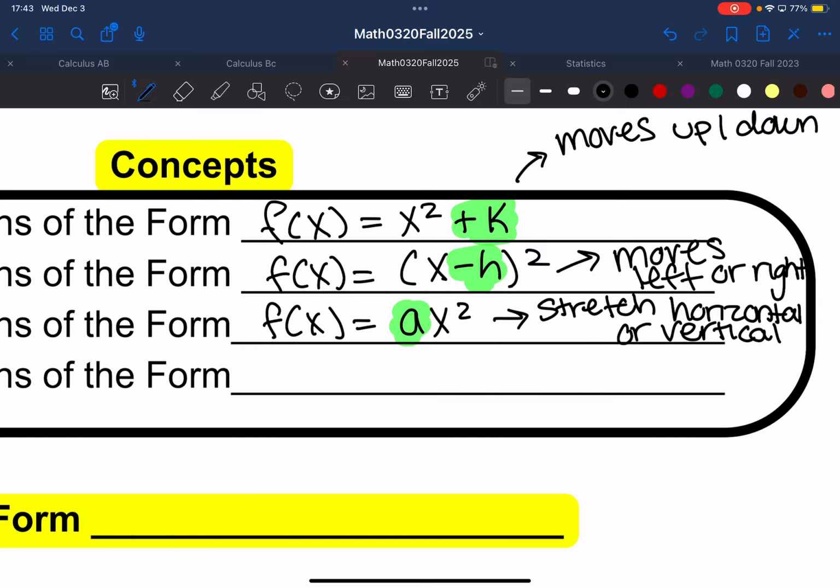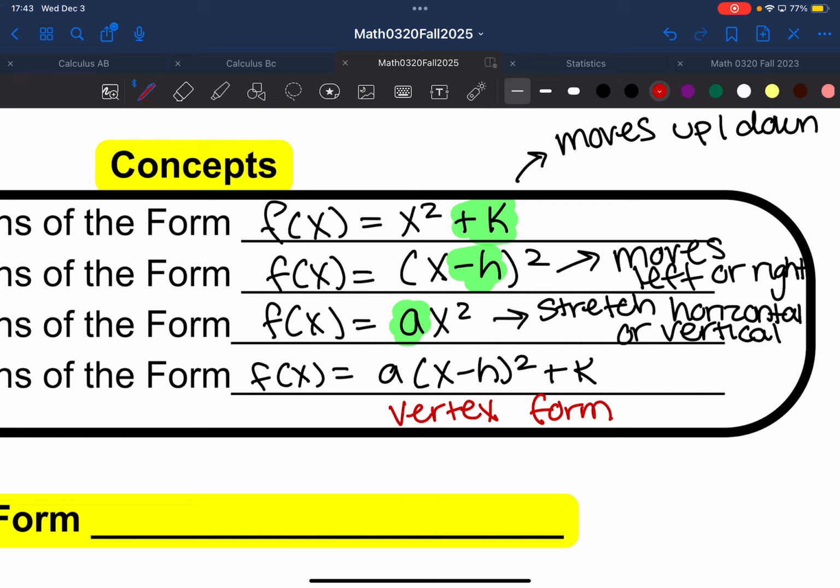And then the last one, which is the most common, takes them all together, all the a, h, and k values, and puts it into one equation. This is the equation that we're going to focus on here, and this is called vertex form. We're going to find out later why it is called vertex form.